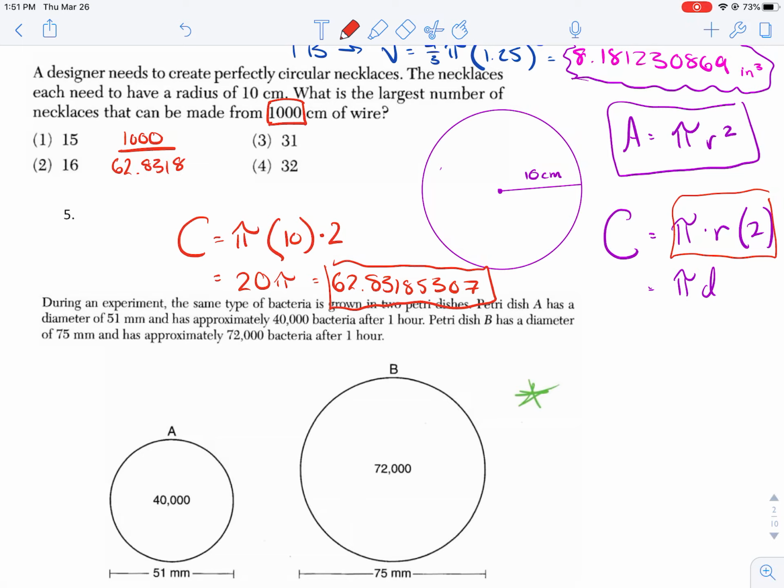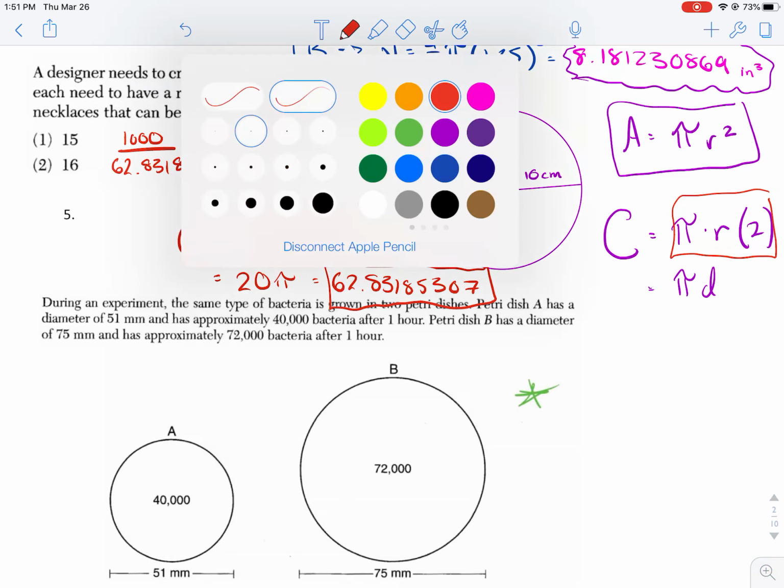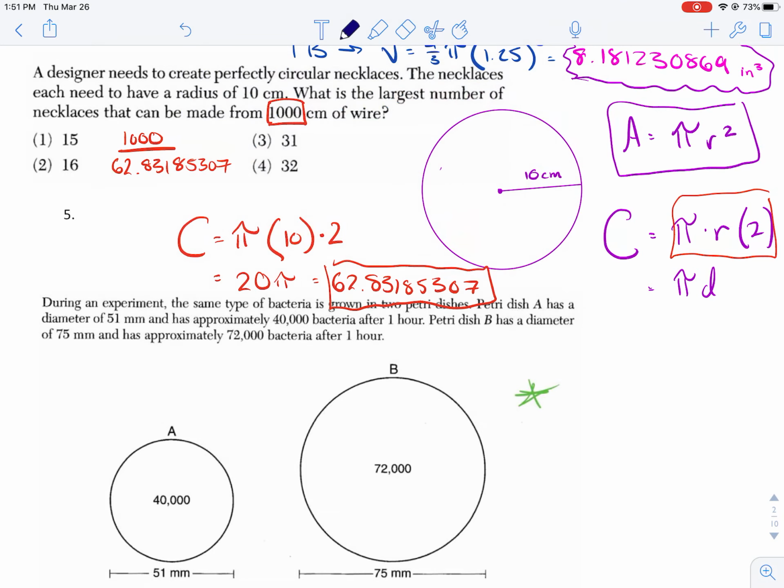I'm trying to keep it as accurate as possible, so I'm using all of my digits, but I will round at the end. So 1,000 divided by that number, and you get 15.9155 necklaces.